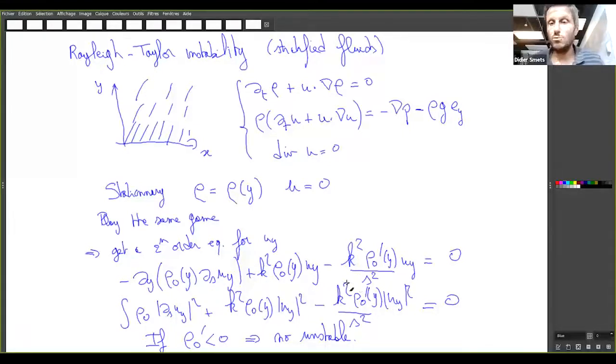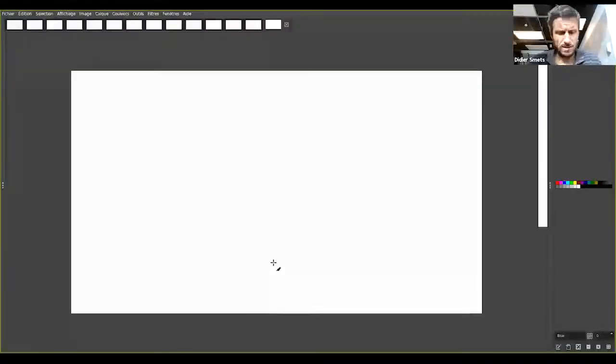Now we are going to mix both. So in both cases, what happens is that you get a quadratic form and you can derive a direct contradiction to the existence of an unstable mode from this quadratic form. So let's mix both, as I said.